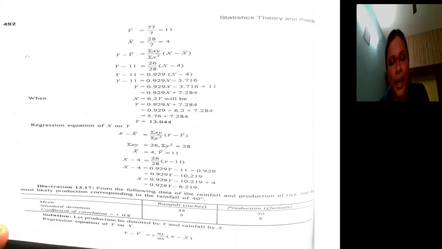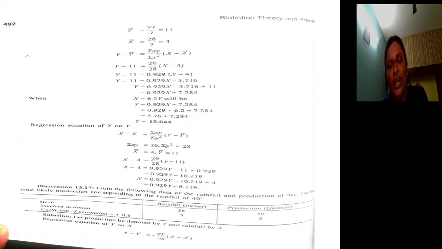Now apply the equation y minus y bar is equal to byx into x minus x bar. So y minus y bar is 11 is equal to byx is 0.929 into x minus 4. Then we will arrive at y is equal to 0.929x plus 7.284.